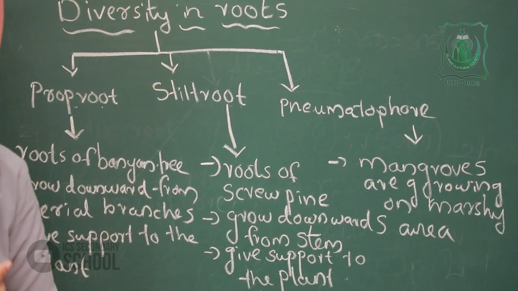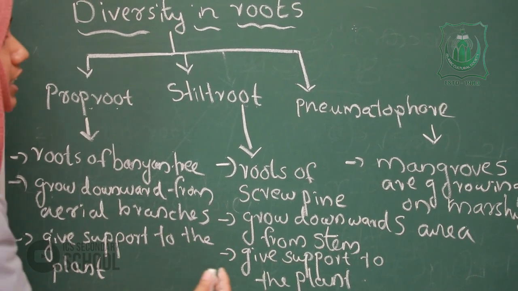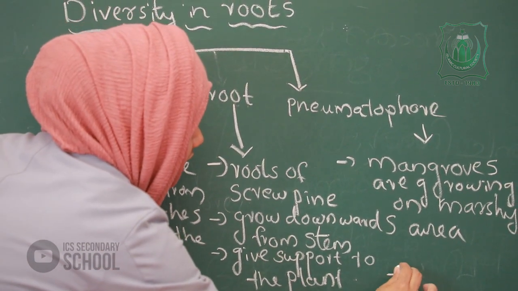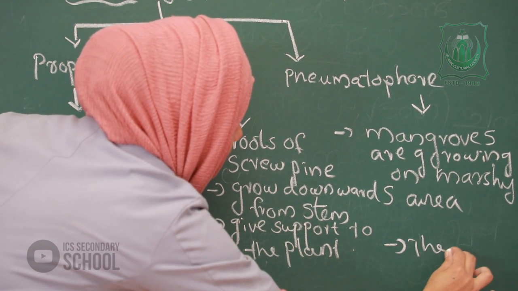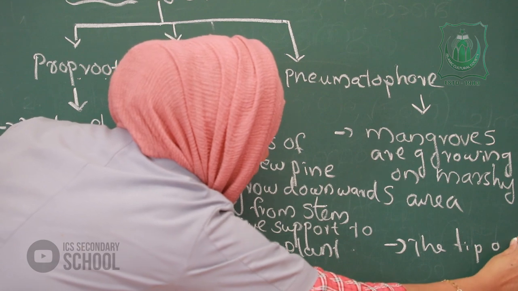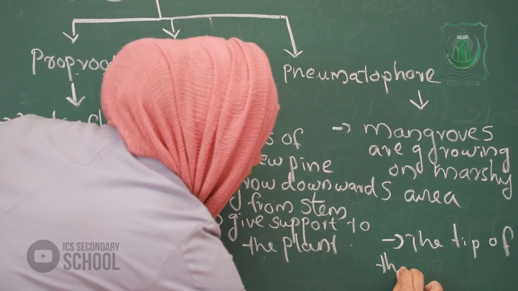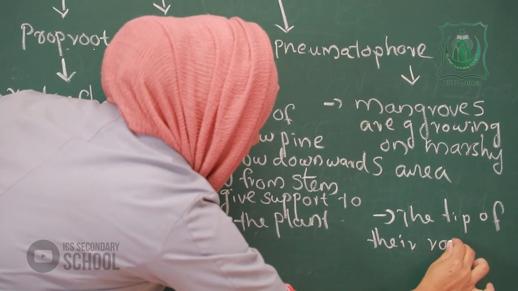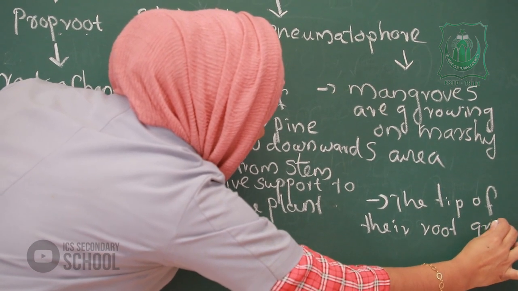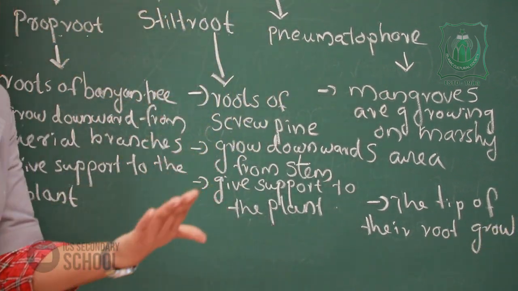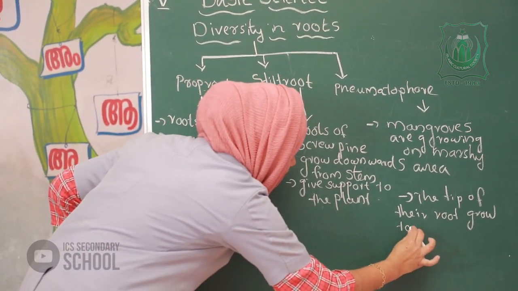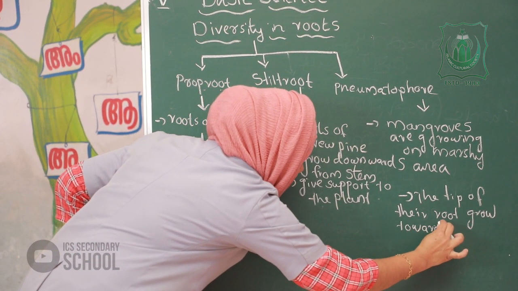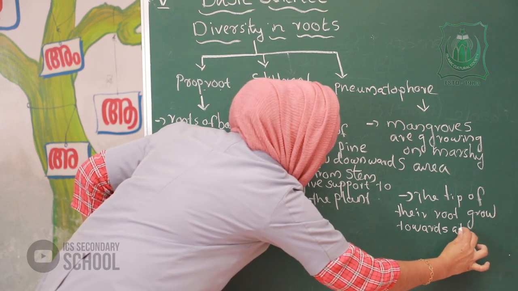And what is pneumatophore? The tip of their root grows towards the atmosphere.